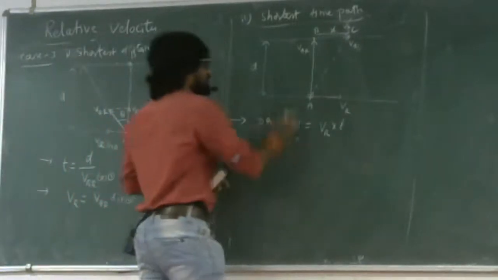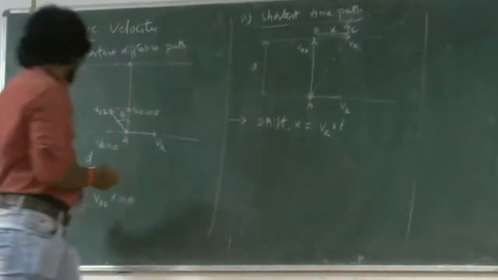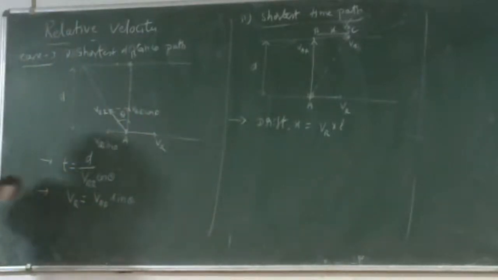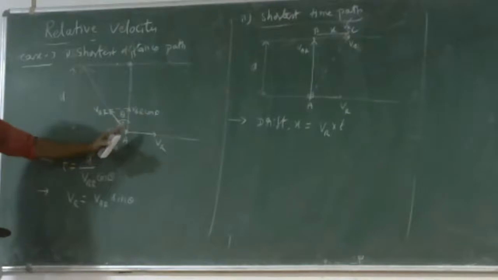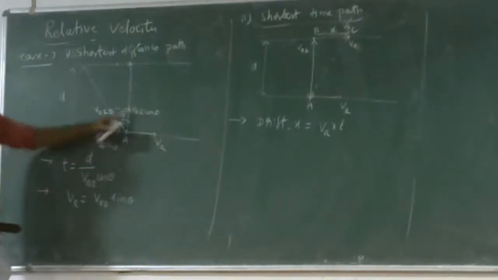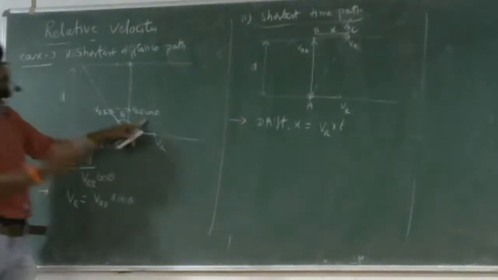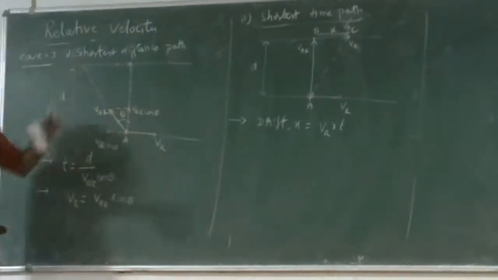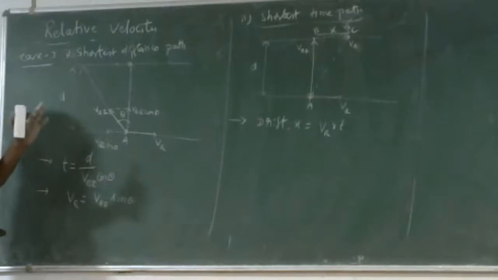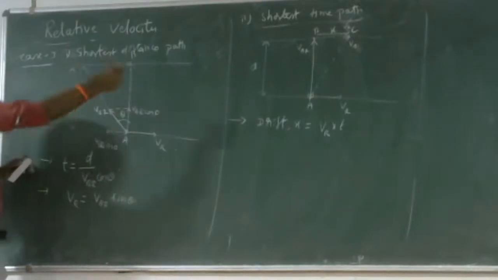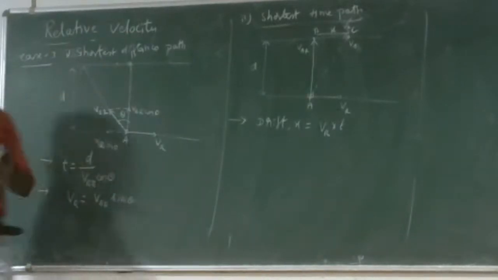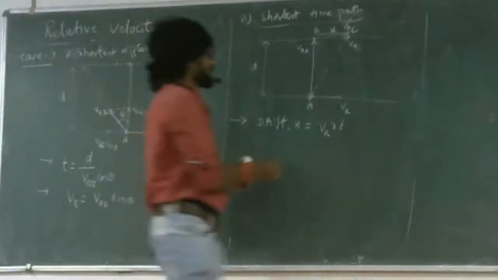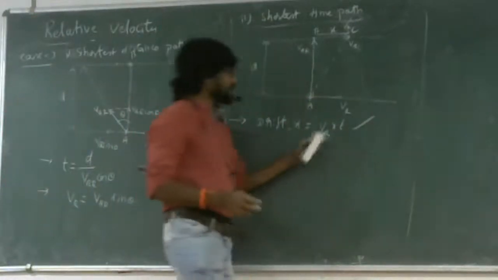Time taken while crossing the river is distance by VBR when he starts in the vertical direction, or if we consider an angle, you can take it as d by VBR cos theta. Okay? So accordingly you take VR into time t.